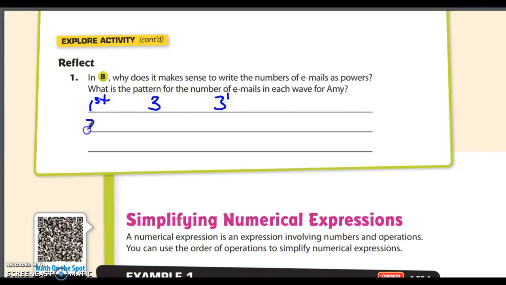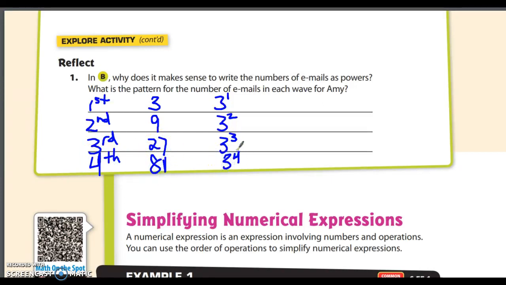And we had the second wave, and that was 9 emails, because it was 3 times 3, that's 9. That's 3 to the second. The third wave would be 27, because it's these 9 people that all send 3 emails. 9 times 3 is 27. That's 3 to the third. What would the next one be? The fourth wave would be 27 times 3, that's 81, and that's going to be 3 to the fourth.